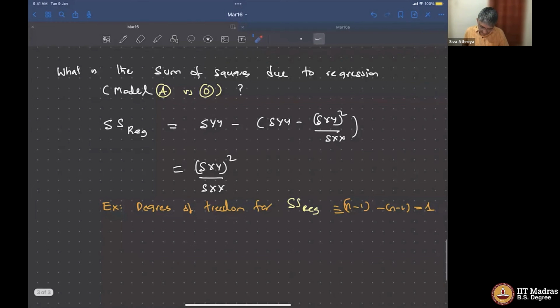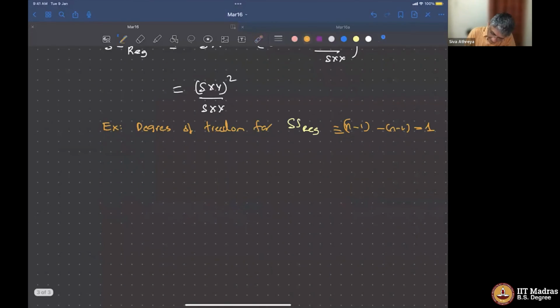Now, this is what's called the F test. The idea is the following.